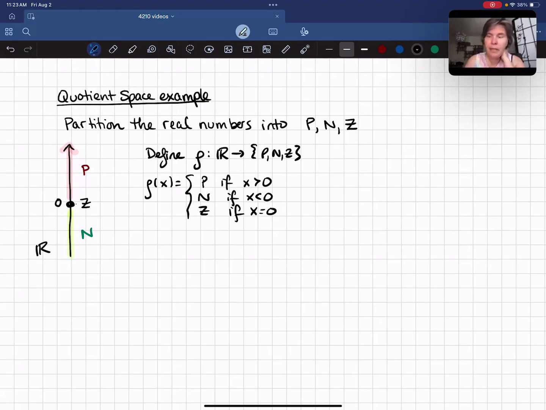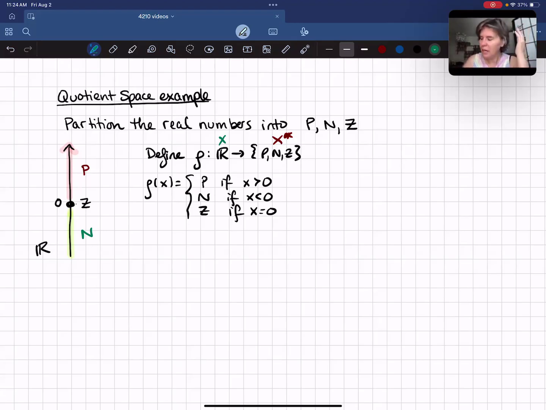So rho is clearly a surjection onto my X star, which is this 3-element set. My domain is the reals, that's my X. My codomain is this 3-element set, P, N, and Z, which is X star. And then my function rho, which is onto, or a surjection, takes positive numbers to P, negative numbers to N, and 0 to Z. Hence the names P, N, and Z.